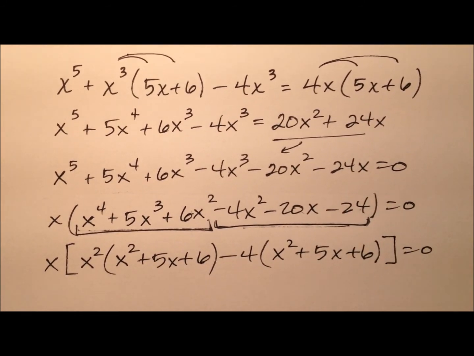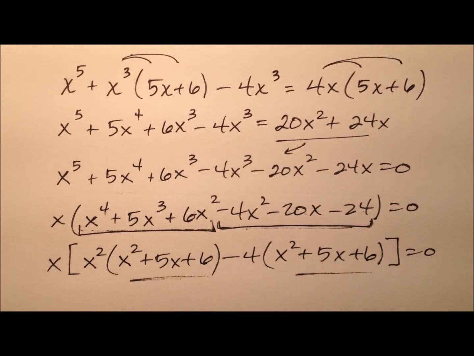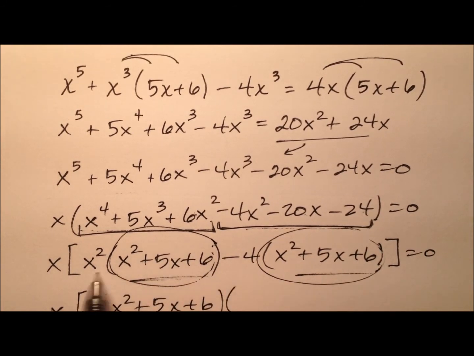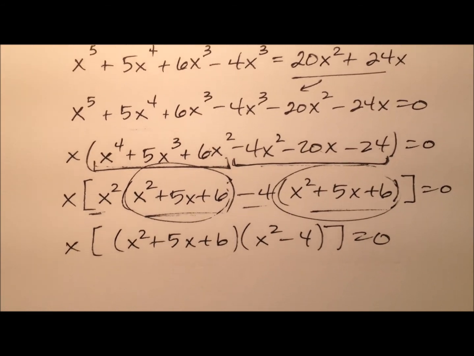Okay, so I have this, and my x squared plus 5x plus 6 seems to be the leftovers. They're the same, so I can actually factor these out, because this is the way my grouping goes. So x squared plus 5x plus 6, and then of course the x squared minus 4, and that's going to be from the greatest common factors of each of those groups.